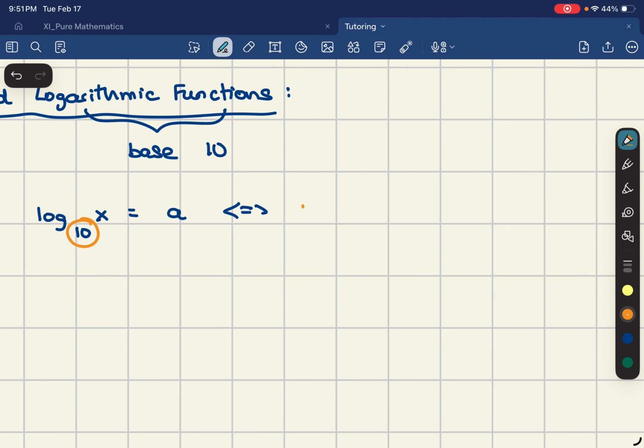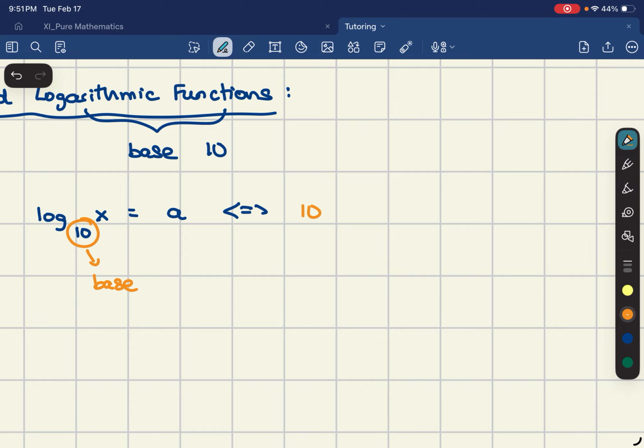Basically, you take your base, this is called your base, right? 10. It can be anything. It can be any number like e, it can be any variable, say c. Your base is some constant c. So it doesn't necessarily have to be 10. It can be any constant c, and you can choose c, and it can be any real number.